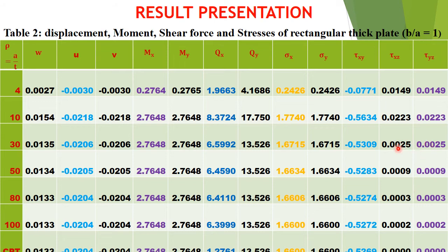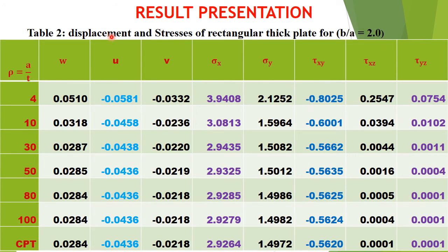We did this work in two cases, in the sense that we did our simulations for the square plate and for the ratio of length to width being 2. We also get our values for the deflection, the displacements and stresses in the members from 4 to 100, and we compare the values with the CPT.